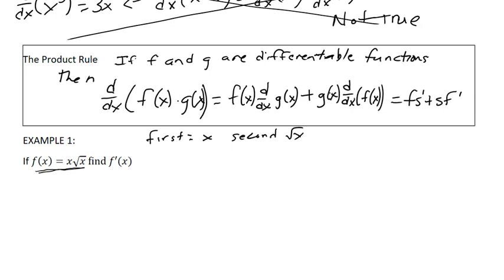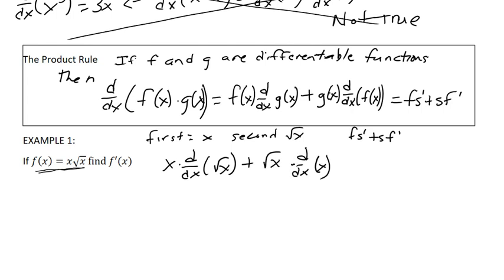Using our product rule, since we now recognize that it's needed, it's the first times the derivative of the second plus the second times the derivative of the first.